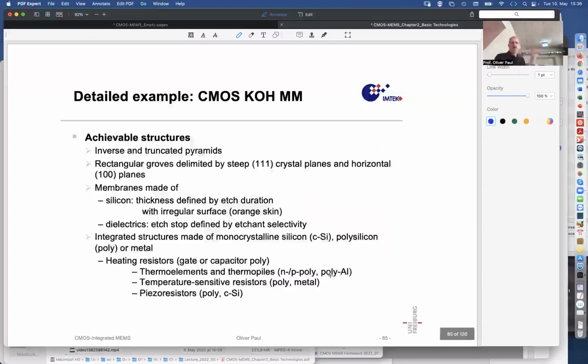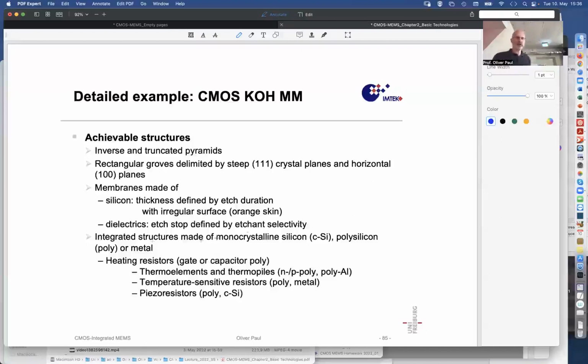And so what you can do with the CMOS etching is, as you know, inverse truncated pyramids, rectangular grooves, membranes made of silicon if you don't etch through, or of dielectric sandwiches if you go right across, maybe with an etch stop defined by, of course, the etchant selectivity, which is okay with the KOH.